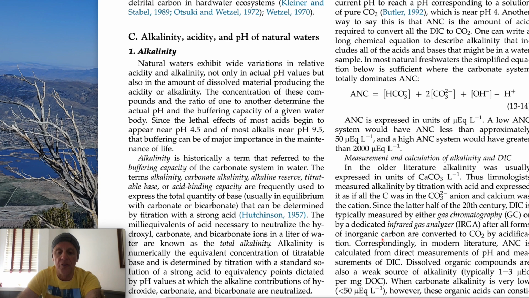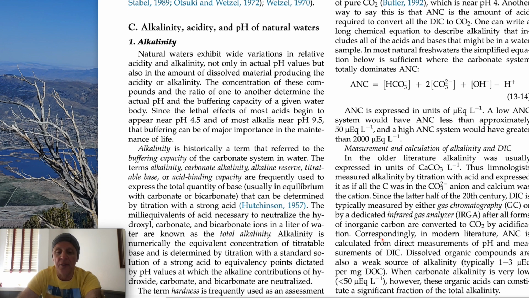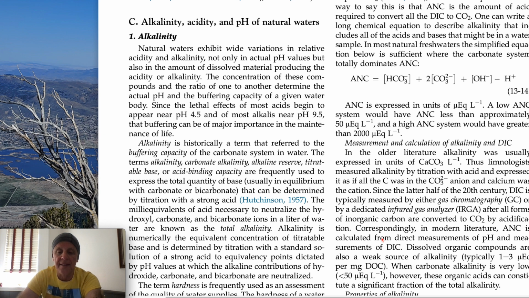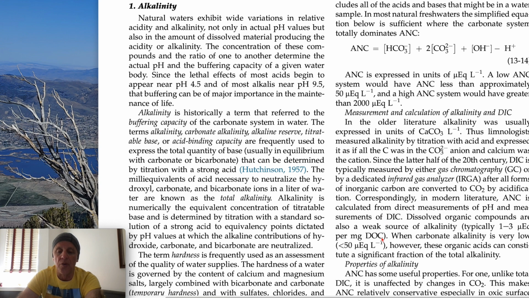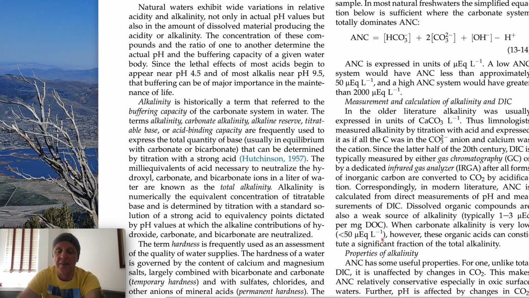The milliequivalents of acids necessary to neutralize the hydroxyl, carbonate, and bicarbonate ion in a liter of water are known as the total alkalinity. Alkalinity is numerically the equivalent concentration of titratable base and is determined by titration with a standard solution of a strong acid to equivalency points dictated by pH values at which the alkaline contributions of hydroxide, carbonate, and bicarbonate are neutralized.